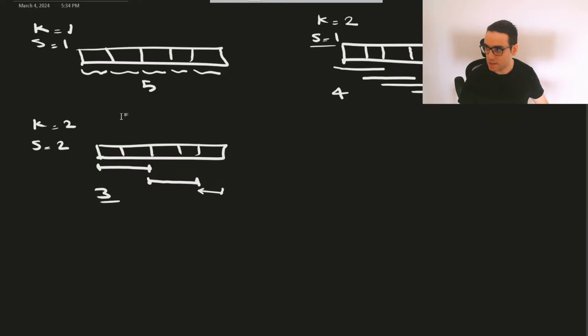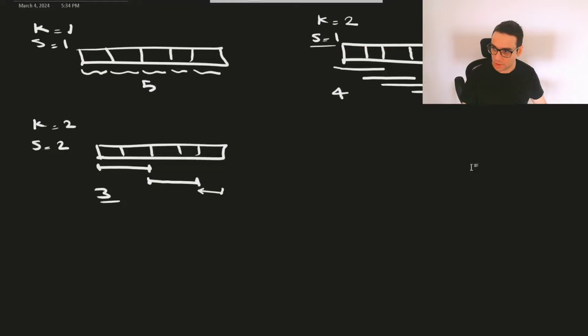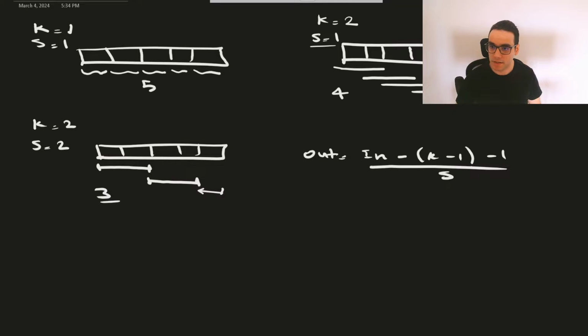In our case, it is 5 plus 2 times padding, and we don't have padding, so this part would be 0, minus dilation times kernel size minus 1. In our case, dilation is 1. All of that is divided by stride, plus 1. So if I write down this formula, out equals (in minus (K minus 1)) divided by S, stride, plus 1, you'll see that for all of these, the formula works.